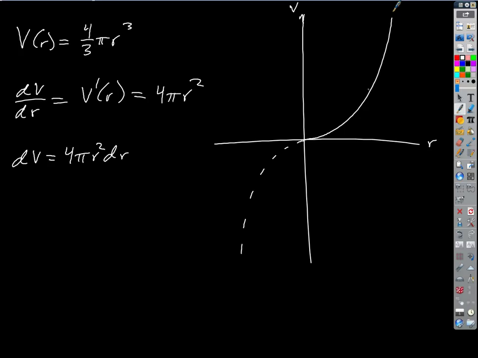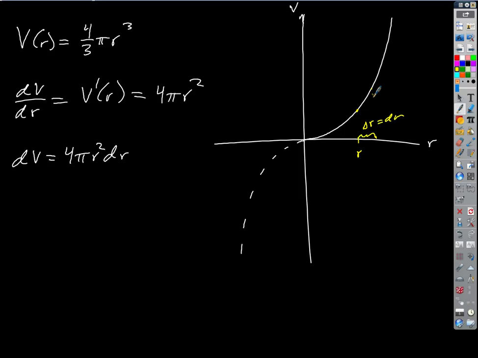So what if we pick a certain value of the radius, and we've got some error in manufacturing our ball bearings of, we could call it delta r, but really it also means dr. And we want to estimate how much the volume is going to change based on our error in measuring or producing radius, right?